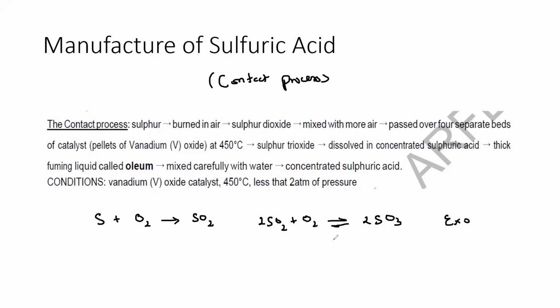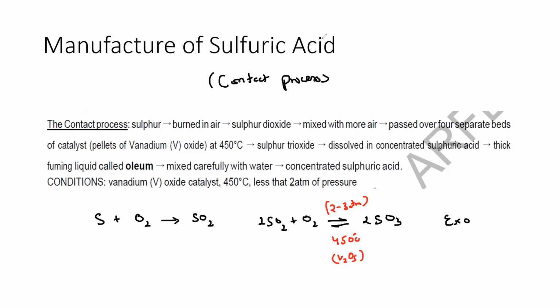This reaction must be carried out around 450 degrees centigrade. Then it should be at high pressure, about 2 to 3 atmospheres. And we also use a catalyst to speed up the reaction. Vanadium pentoxide, or V2O5, is used as the catalyst. These are the reaction conditions to have a better yield of sulfur trioxide.